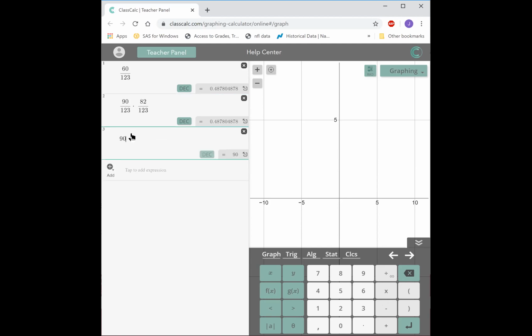You say 90, then you put division, put 123. Then you press this button, you have to make it go up front, and then you press multiplication. Then you do 82, and then you say divide it by 123. Okay. Does that help? Yeah. Cool.